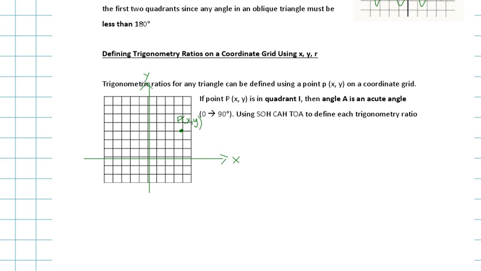I just put a point in the first quadrant. Now if I want to make a triangle, I can simply go from the origin to that point, and then down. I always have to make it down to the x-axis. So you see that my triangle is this triangle.